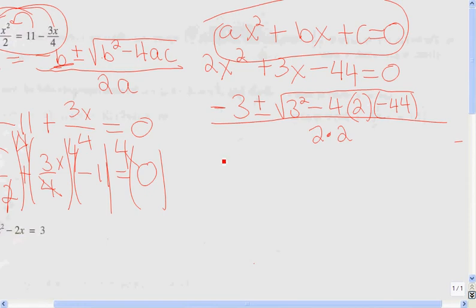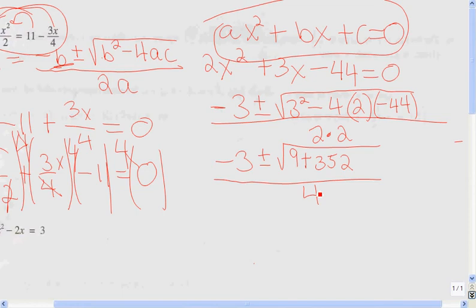Now I get negative 3 plus or minus 9, because 3 times 3 is 9, minus 4 times 2, which is a minus 8, and a minus 8 times a minus 44 is a positive 352, because a negative times a negative is positive. 2 times 2 is 4.